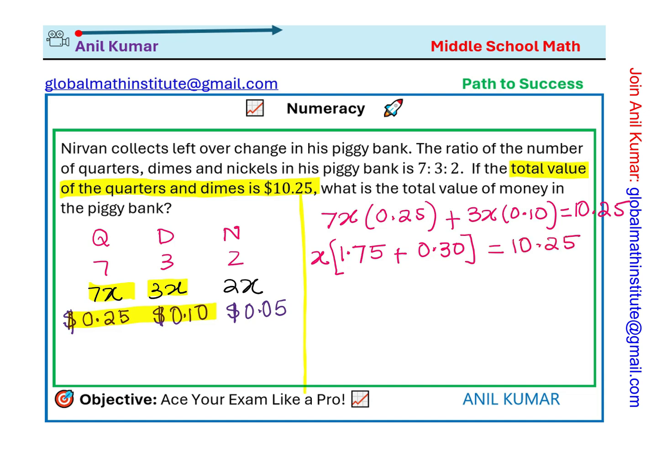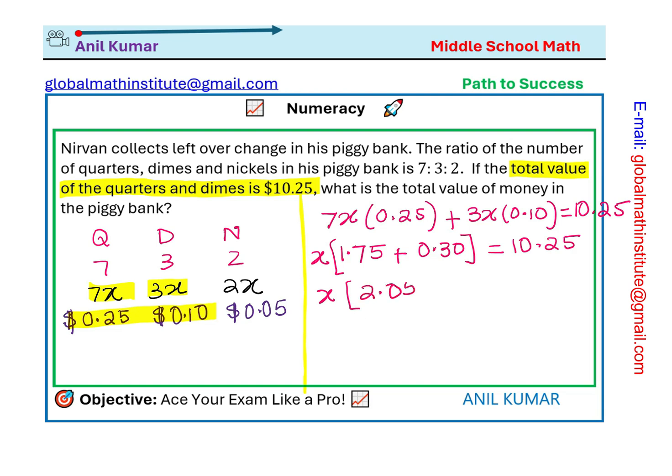Makes sense. So this means x times what? If I add this, 1.75 plus 0.30 gives 2.05. So x times 2.05 equals 10.25, and therefore the value of x will be 10.25 divided by 2.05.